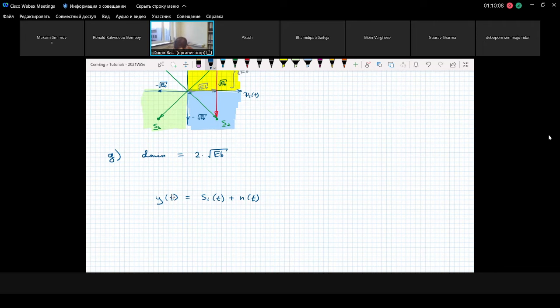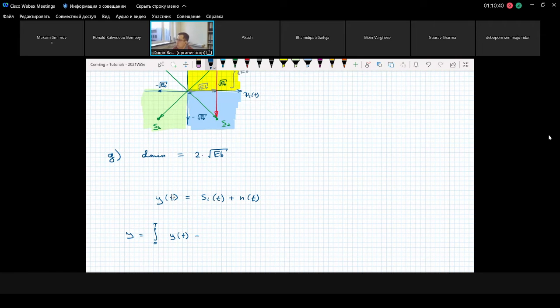So we have the cost function, which is given as an integral from 0 to capital T. So we use a correlator and we accumulate energy within a symbol interval. And we calculate the difference from our received signal. We don't know what the received signal is. We have just this sampled or continuous voltage y of t, and we subtract different candidates.